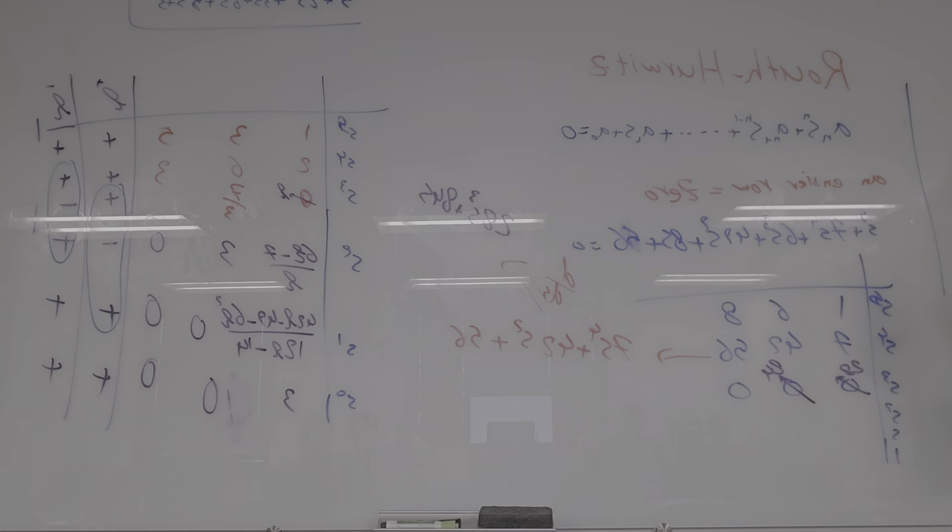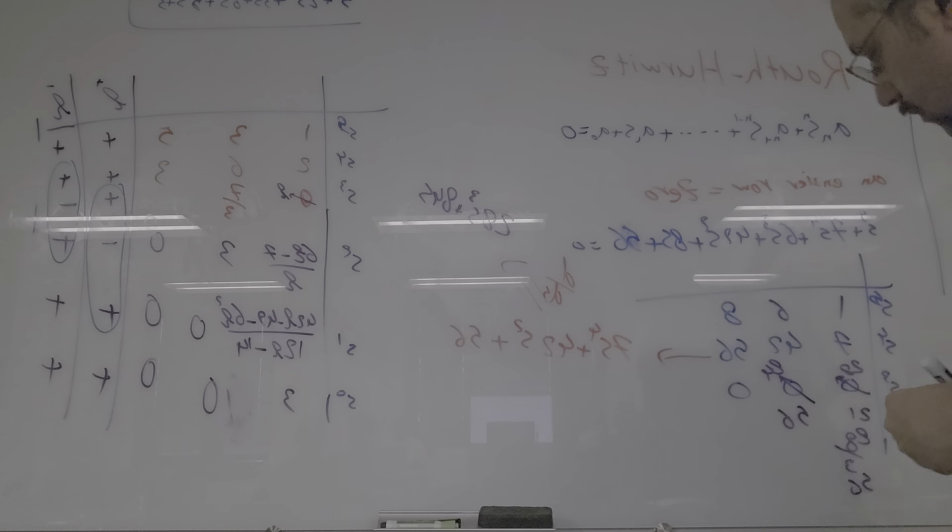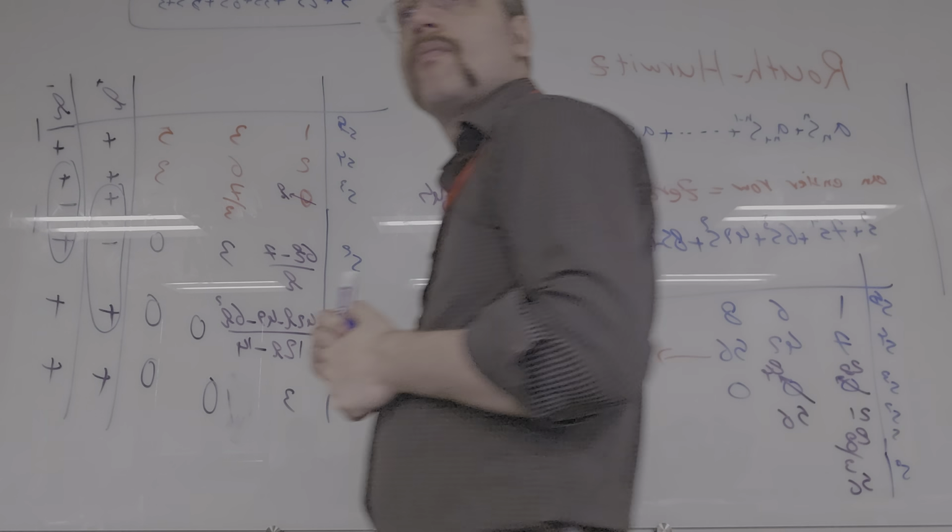And when you have this, you are going to move down for the rest of the table. So for example, this one is going to be 21, 56, 28 over 3, and the last one is 56. Make sense?